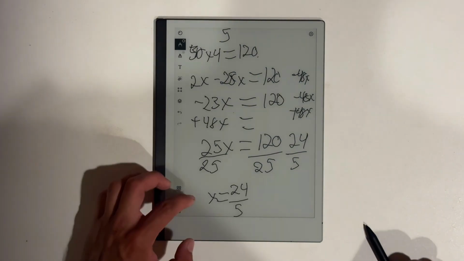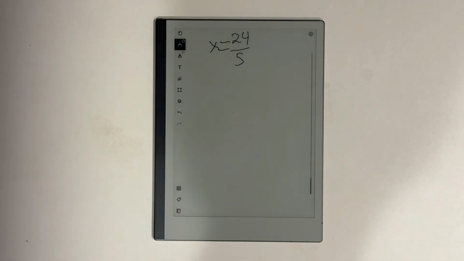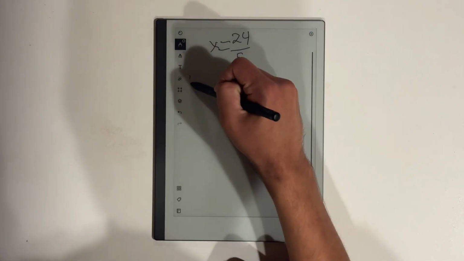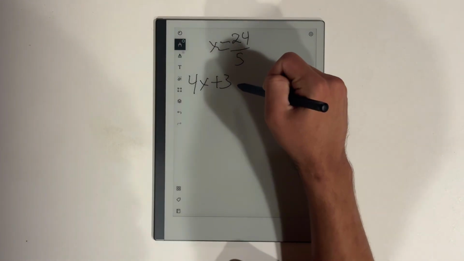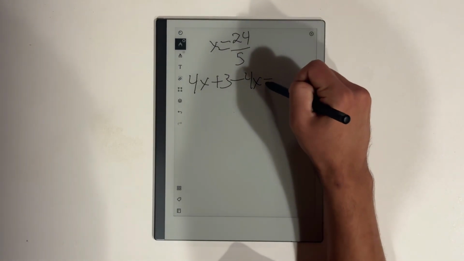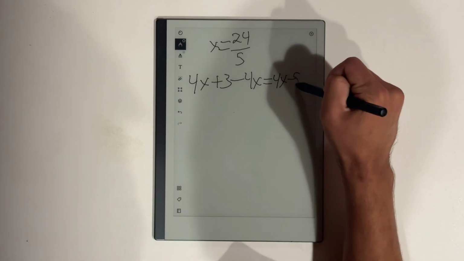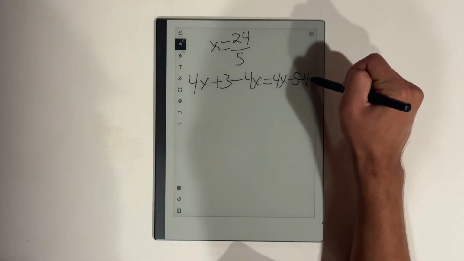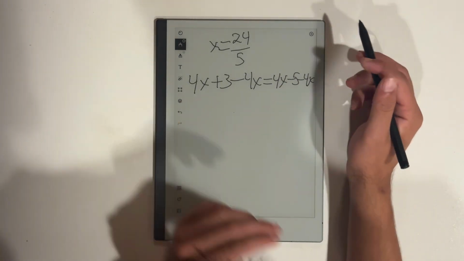So now that we did that one, we're going to look at one with no solution. So we're going to do 4x plus 3 minus 4x equals 4x minus 5 minus 4x. This one's pretty simple.